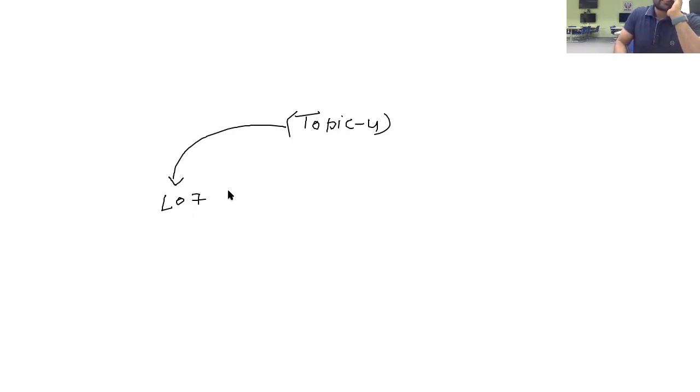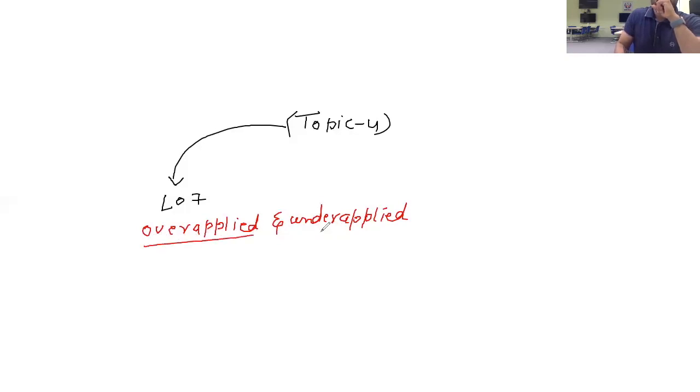So this learning outcome 7 is about over and under applied, right? Over applied and under applied. Now, what is the difference between over and under applied? So let's start with the over applied.